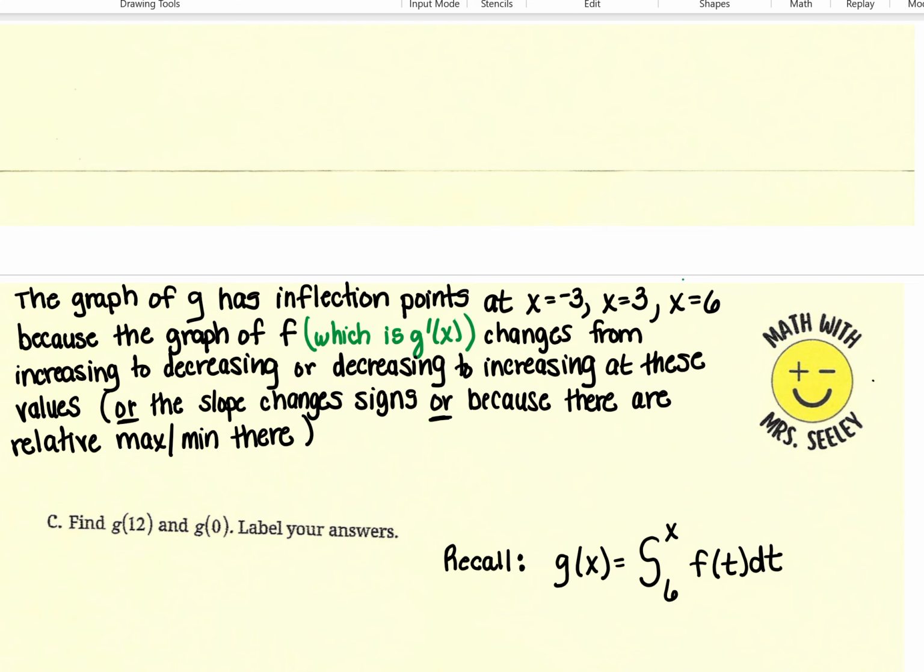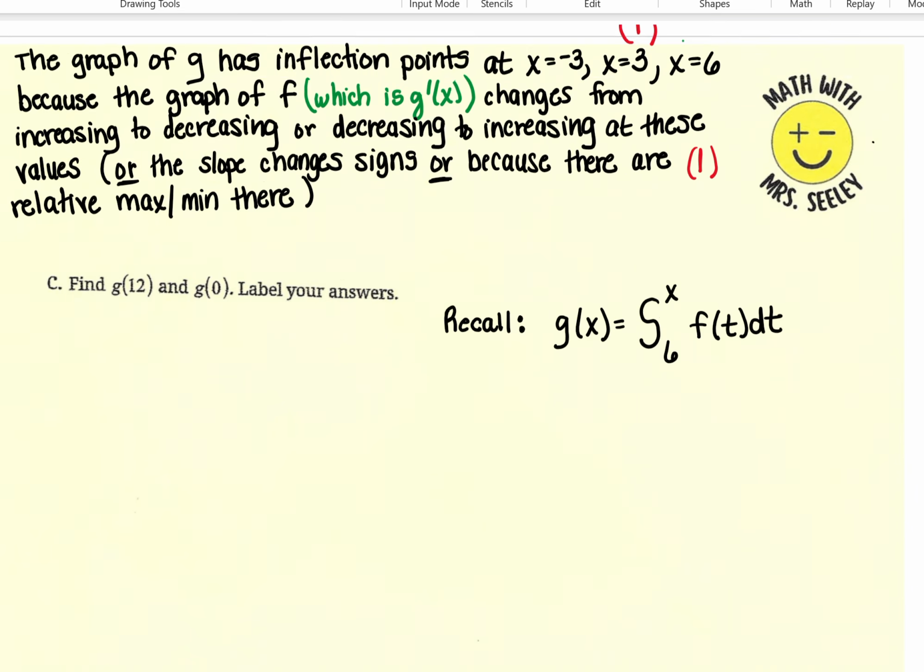They would also accept an answer that the slope changes signs from positive to negative or negative to positive, because there are relative max and mins there. If you were able to get that your inflection points are at -3, 3, and 6, give yourself another point. Then, if you are able to justify that with any of these reasons, give yourself another point.